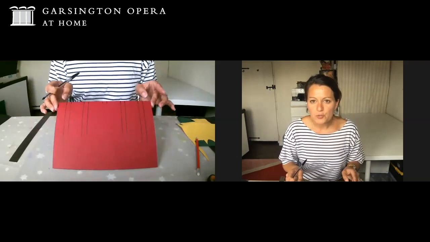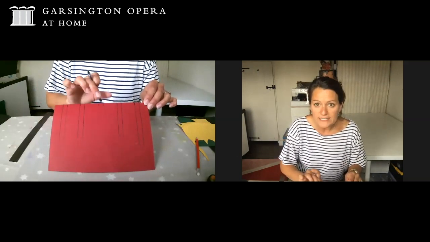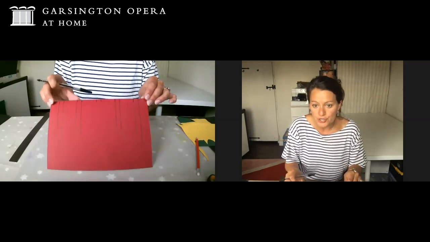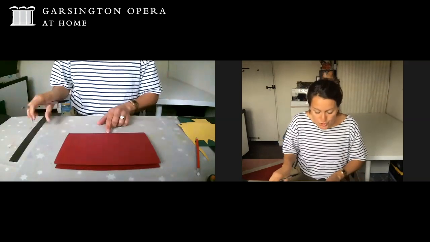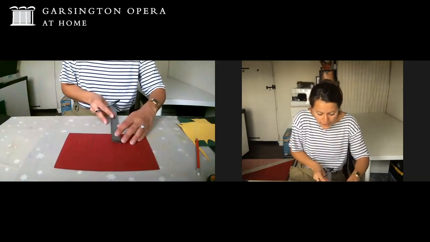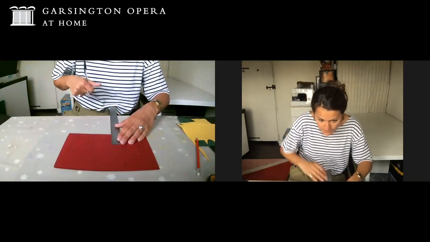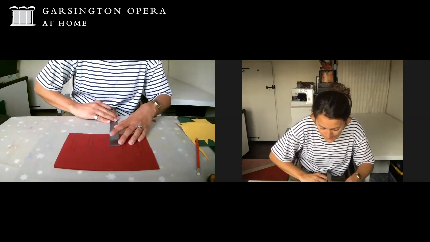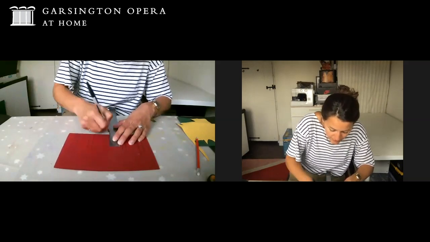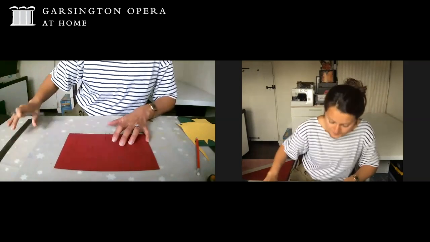Fab. So you should now just have one little set of marks in the middle of your card on your folded edge. So let's go to this central one here. Pop your ruler on, and we are going to measure up 6 centimetres this time. So there we go, 6 centimetres.